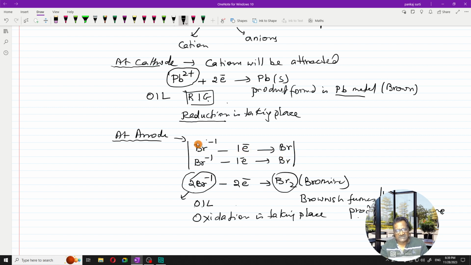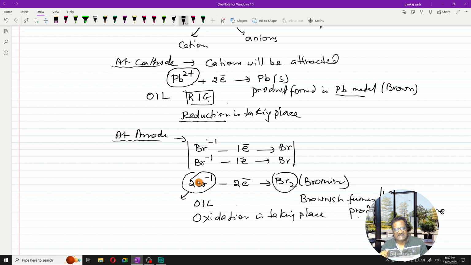If you combine these, two bromide ions will lose one electron each, two electrons in total, and two bromine atoms will be formed, which will combine together to form bromine gas, Br2. Bromine is a diatomic molecule. The observation will be brownish fumes, in the form of bubbles, at the anode, and the product at the anode is nothing but bromine gas, or just bromine.